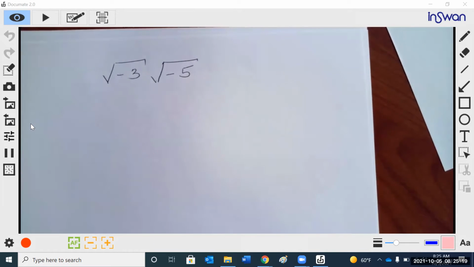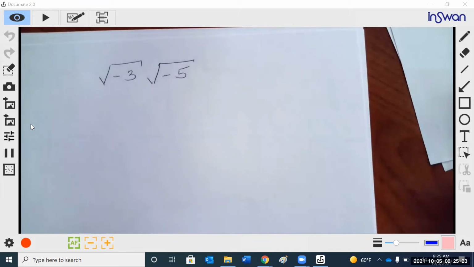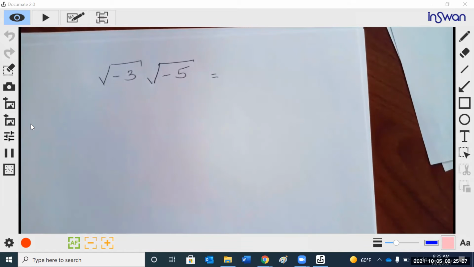Whenever you multiply radicals, we use that rule there. So be very careful about this, though.